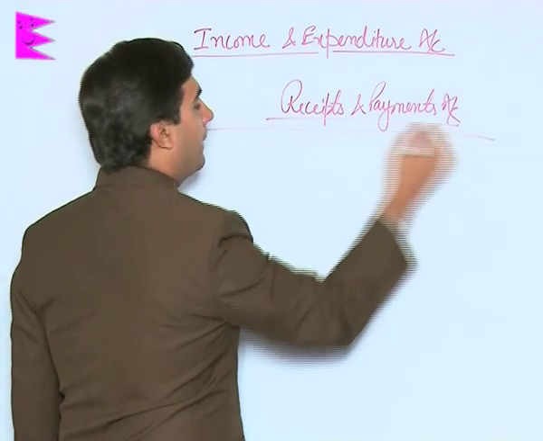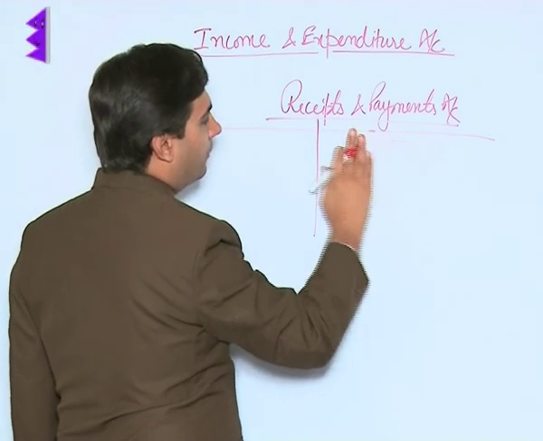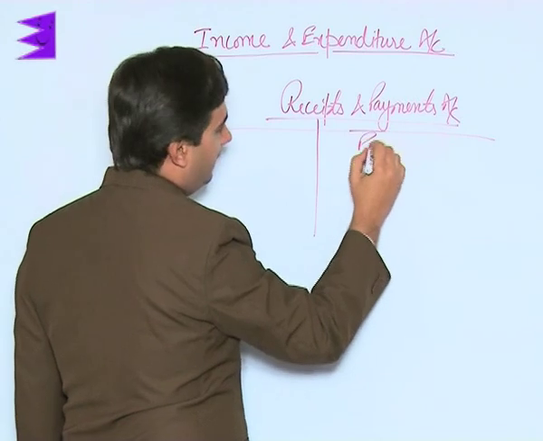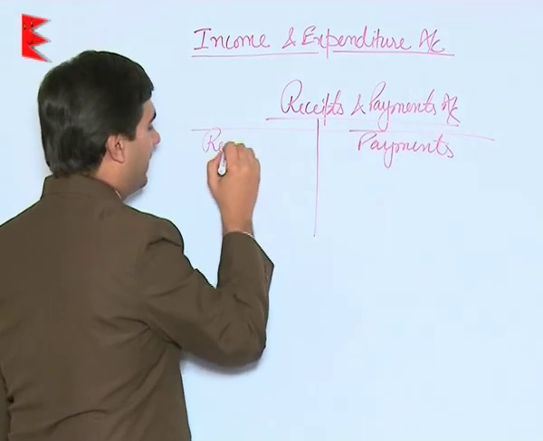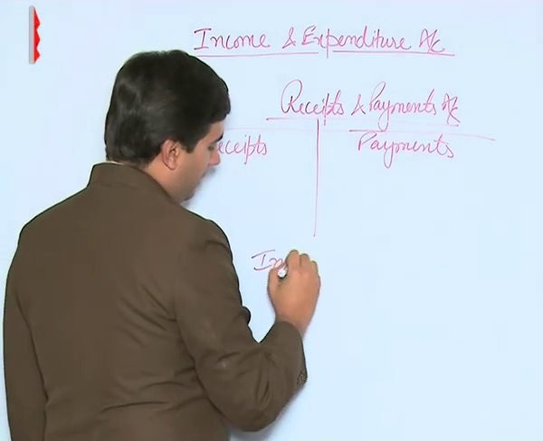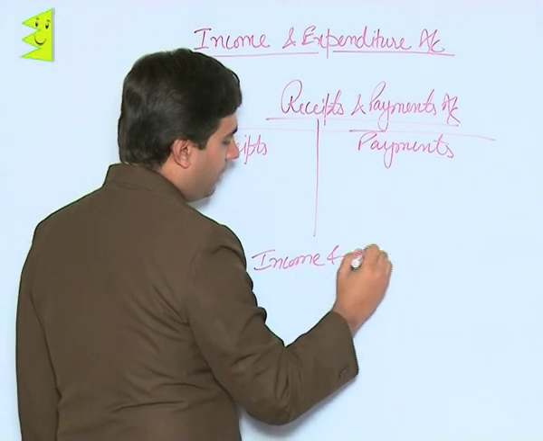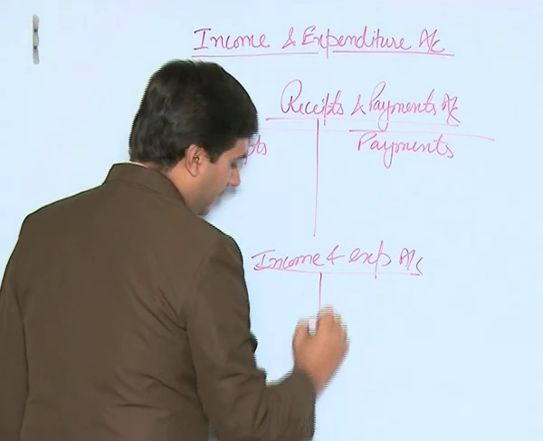This account, I am preparing it in a rough format, has receipts on this side, has payments on credit side and receipts on debit side. Similarly, income and expenditure account format would be like this.